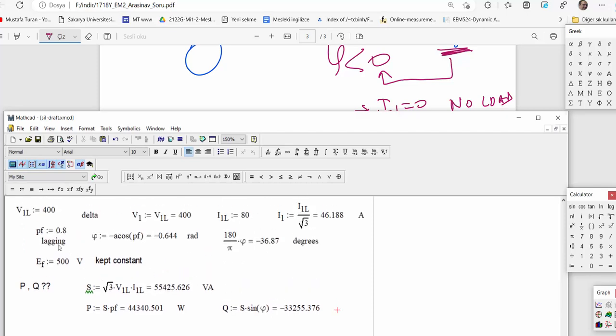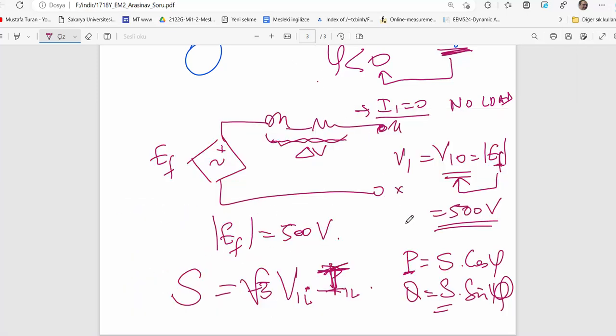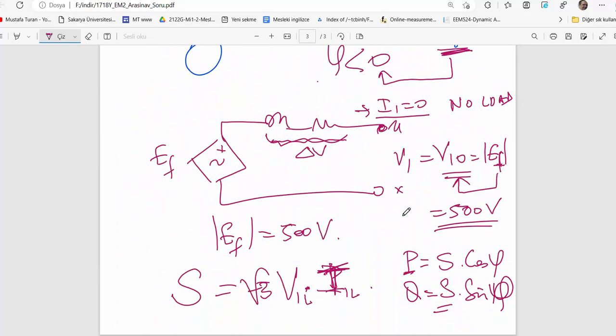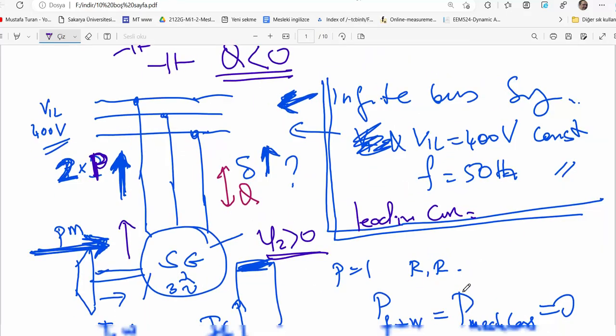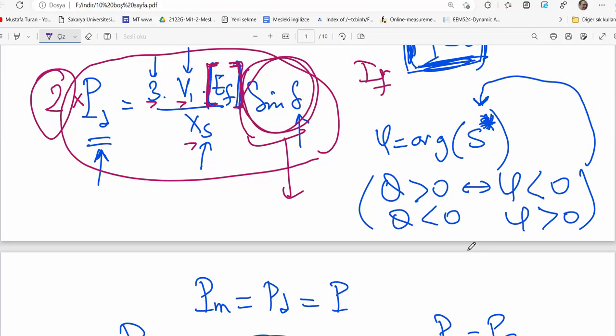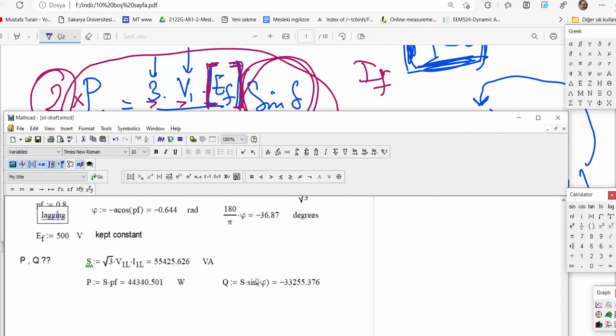Lagging. Somewhere the professor said lagging reactive power, lagging phase displacement, reactive power must be positive due to complex conjugate operation. So there is something that needs to be corrected.